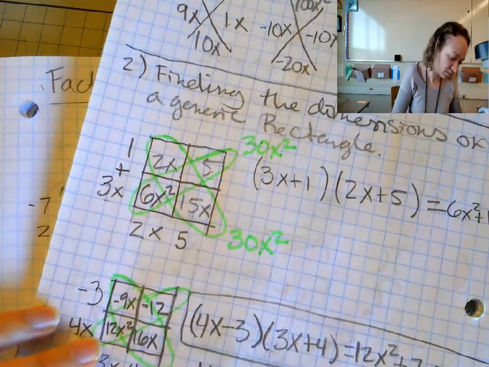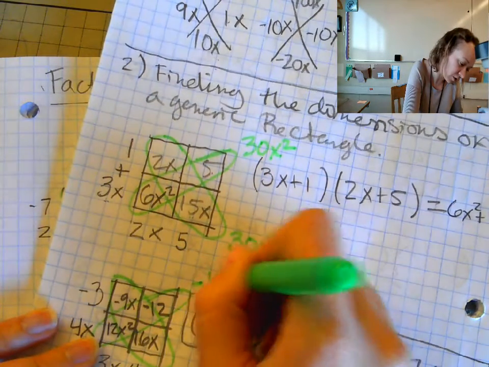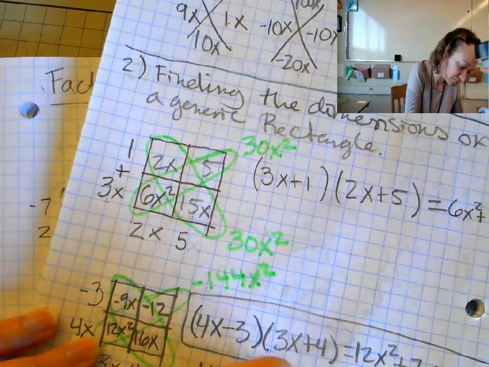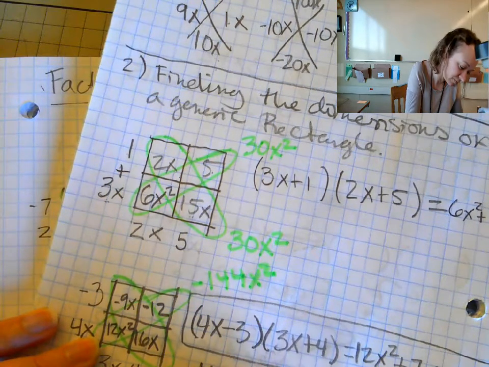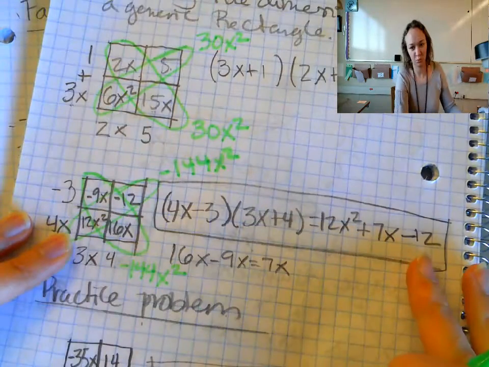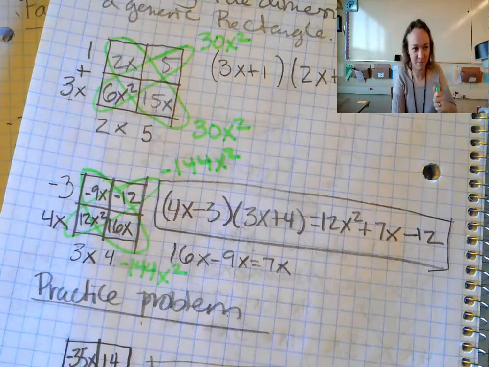And on the second one, it should be negative 144x squared for both. Okay, so we're going to use that fact. Keep that in your brain for later.